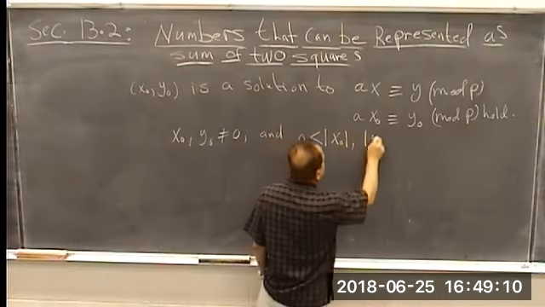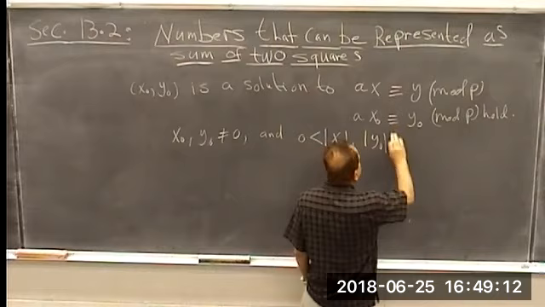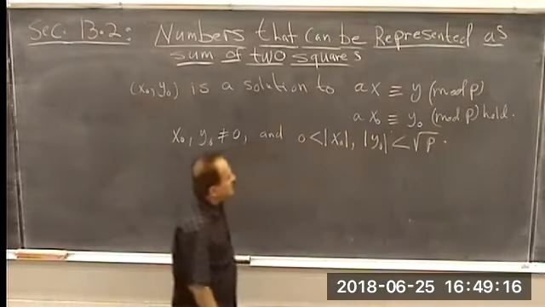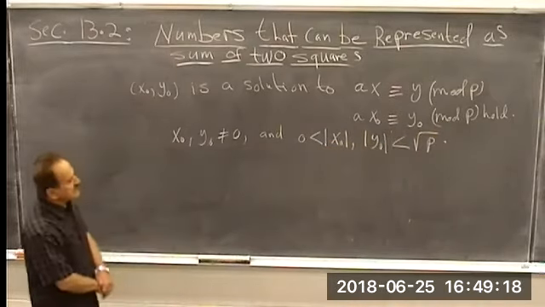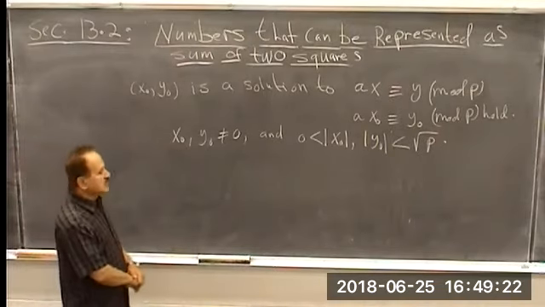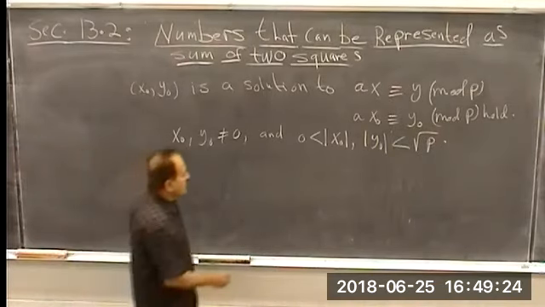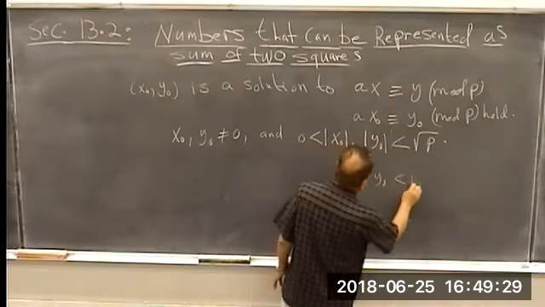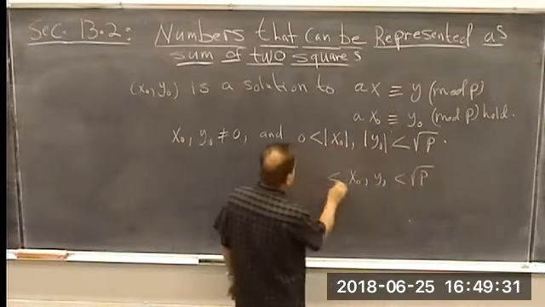And same thing with y sub 0, less than square root of p. All right? Because these are the difference between two integers between 0 and the square root of p. When you subtract them, x sub 0 and y sub 0 satisfy this.